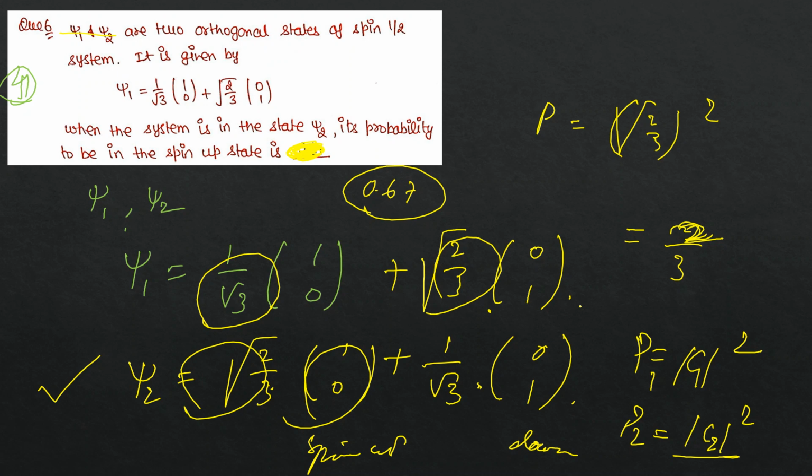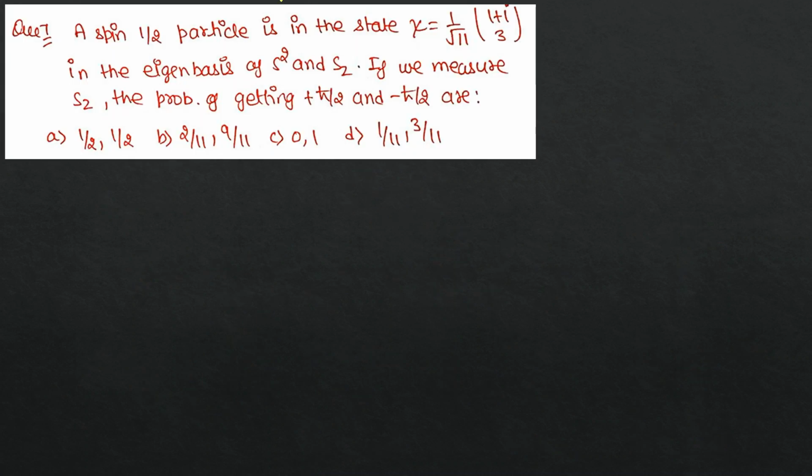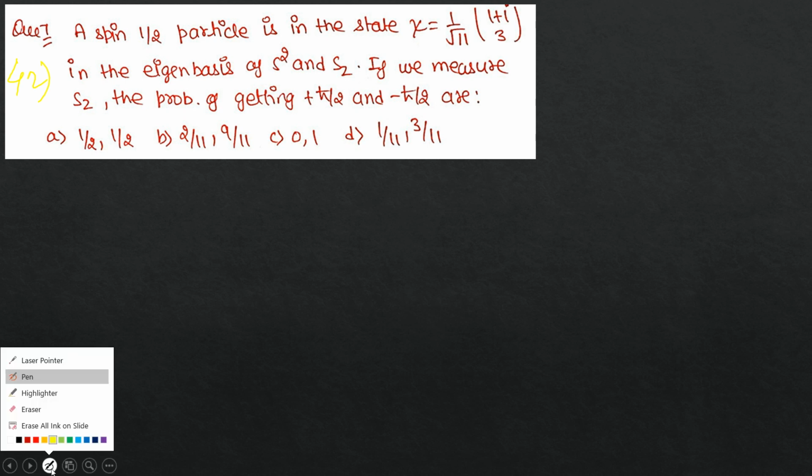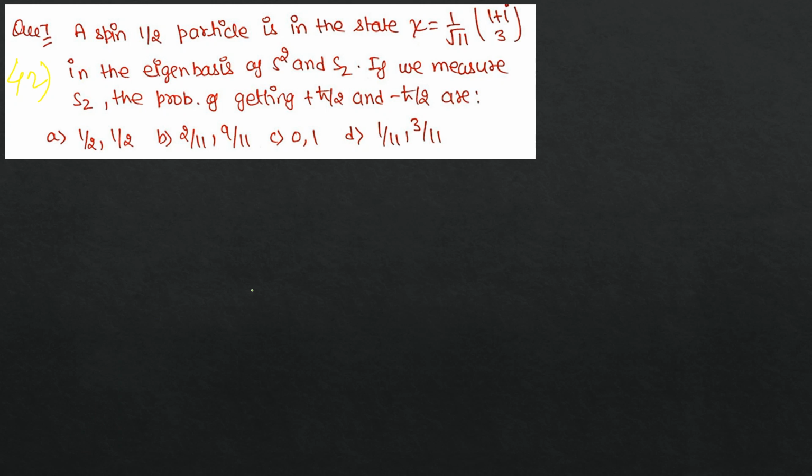Next question, this is 41. Next question will be question number 42. A spin half particle is in the state chi is equal to 1 by root 11, (1 plus i) and 3, in the eigenbasis of S squared and S z.